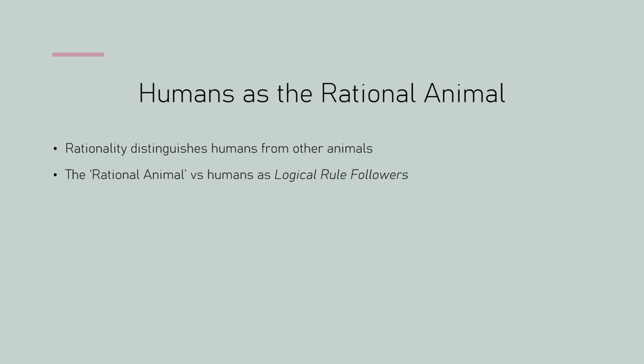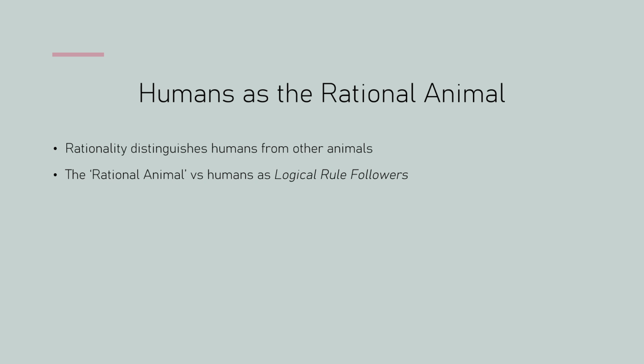As the rational animal, it's compatible that we make mistakes, that we occasionally get overcome with emotion, perhaps, but we don't lose our status as the rational animal because of those things. Whereas the assumption seems to be that in making mistakes in following logical rules, we are thereby less than fully rational.